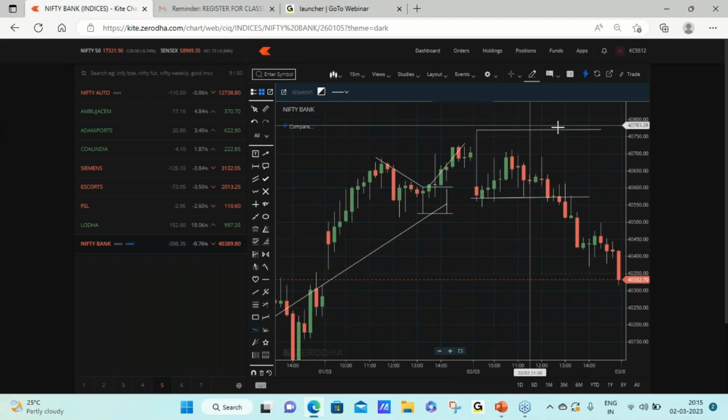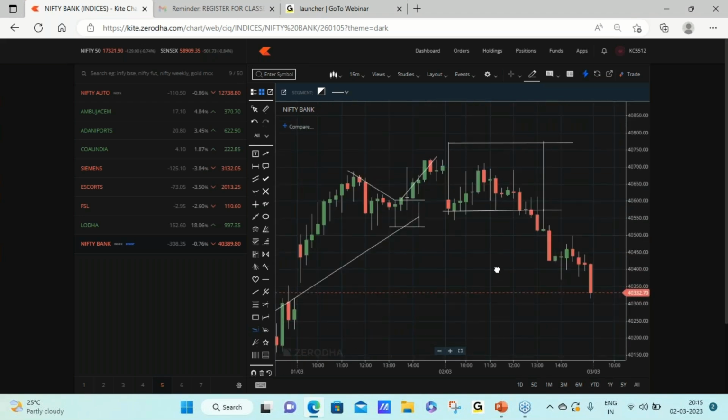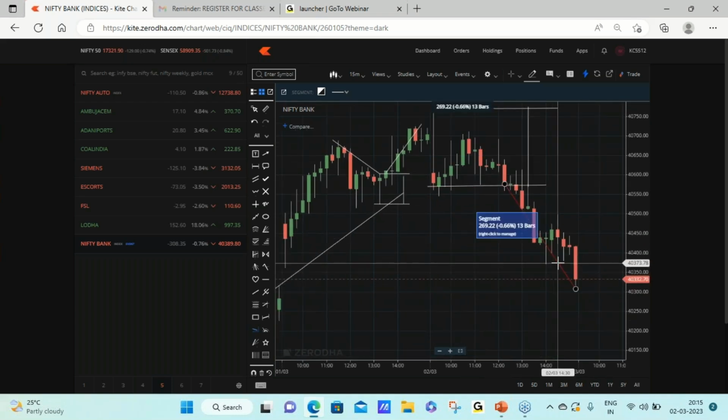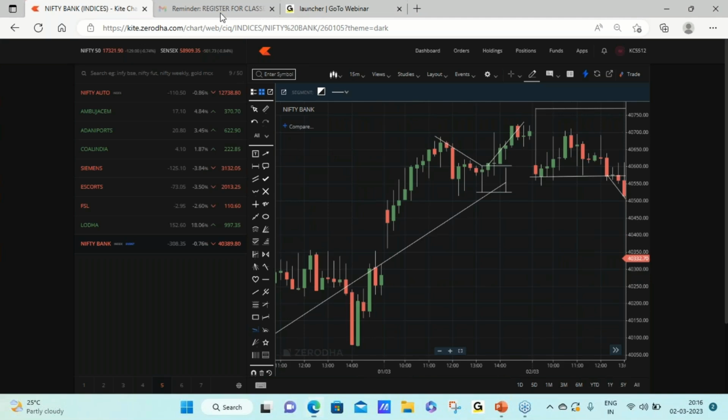And you can see the risk of the stop loss is too huge, but because of expiry, the volatility was too high. And for 200 points risk, you have got 269 points reward, right? So 1:1. So whenever you match all the prerequisites, you will be able to make consistent returns. Yes or no? At least 1:1.